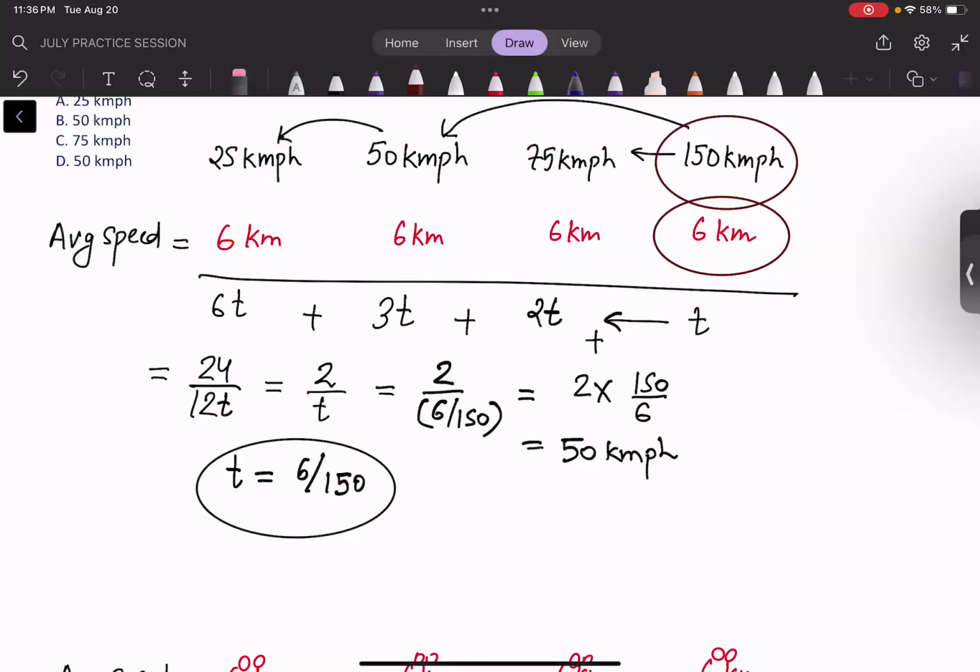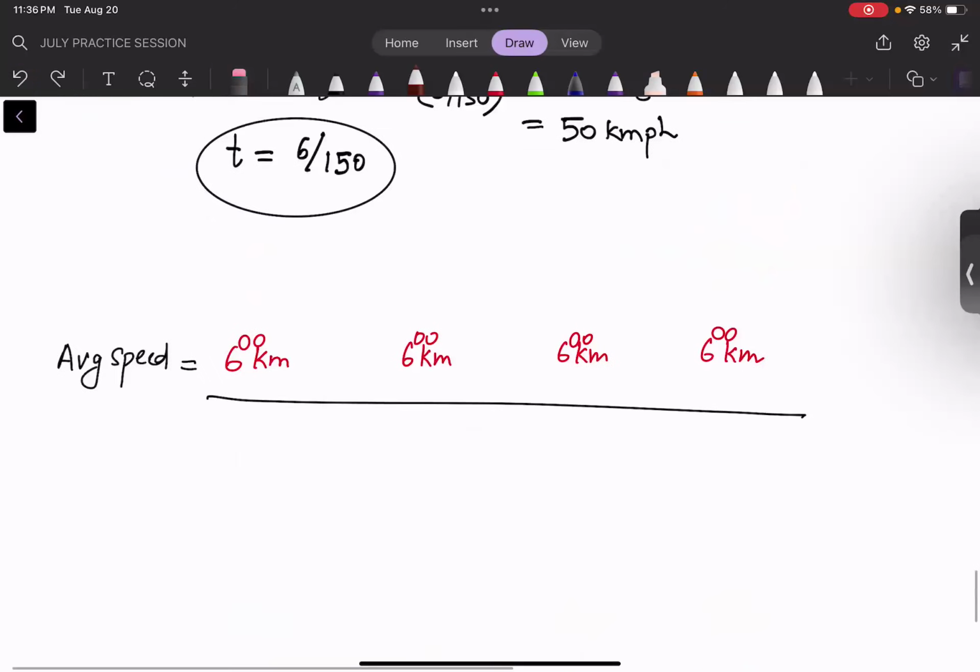So don't calculate 6 by 150. I'm saying take 600. 150 is the speed. So time will come out as 600 by 150.